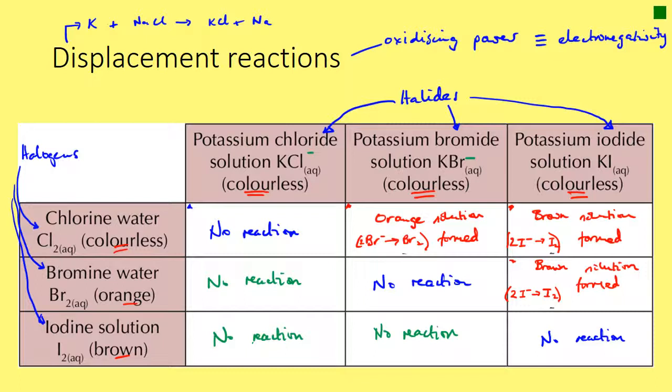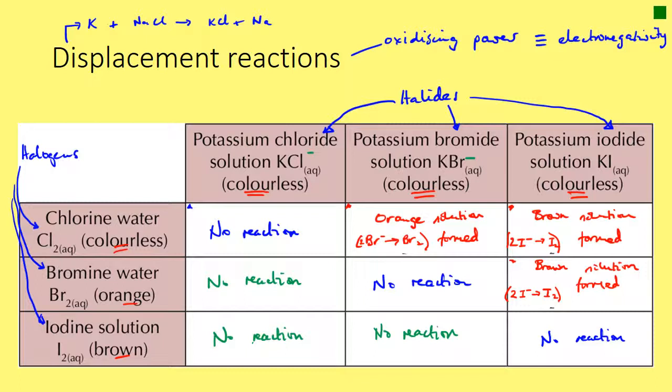So we're going to move on to this box here that I've just put a mark in the corner of. Let's say we do the same with chlorine. We've got some chlorine water, and we're going to add that to potassium iodide. Which is the most powerful oxidizing agent? Well, of course, chlorine is, versus iodine.